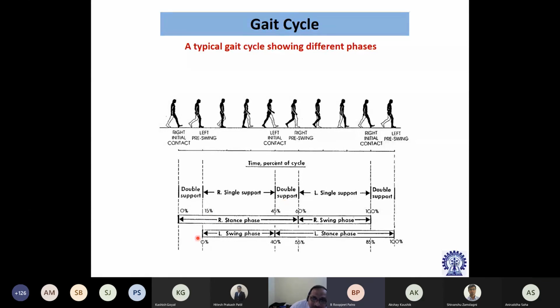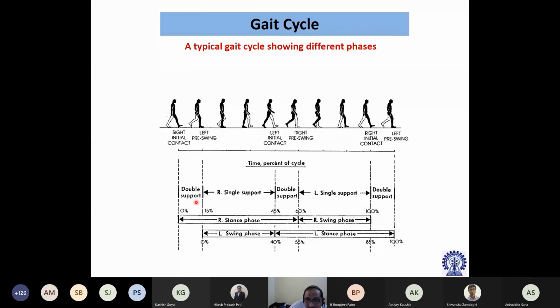Yeah, but there is a little lag here. So the left swing phase ideally is 40%, right? And you see, this is the stance phase. If you broadly classify the stance phase and the swing phase, it is 60-40 for both the legs.